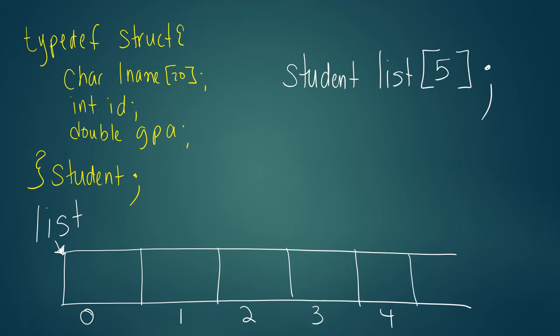And each one of these items has a last name, an ID, and a GPA, and a last name, and an ID, and a GPA, etc. However, because I have not initialized anything, these have not been filled up yet. So right now, it has a question mark for all of these fields.